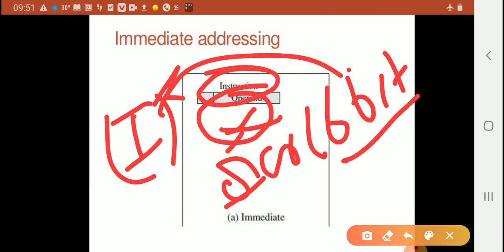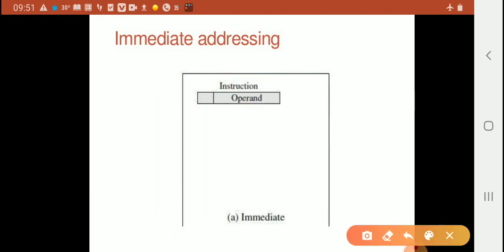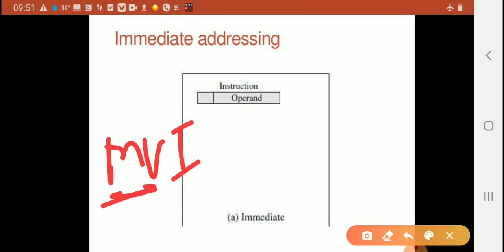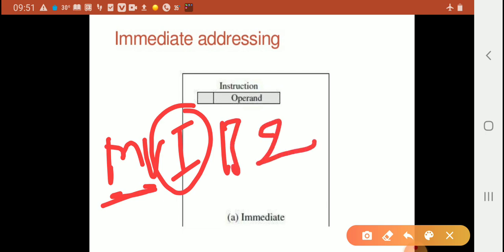For example, MVI B, 20H. MV means move and I means immediate. So this 20H is the 8-bit immediate data.